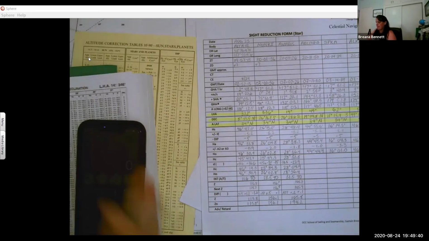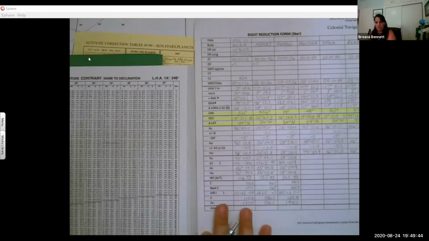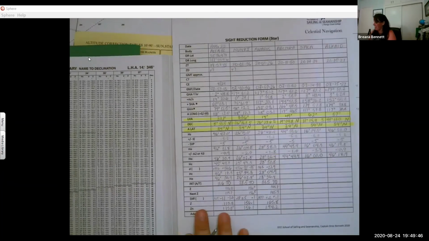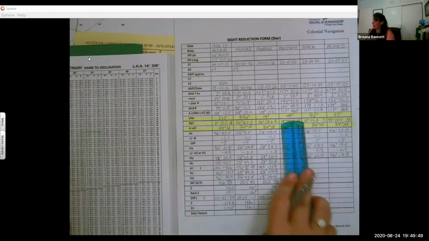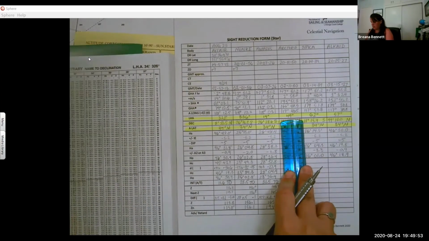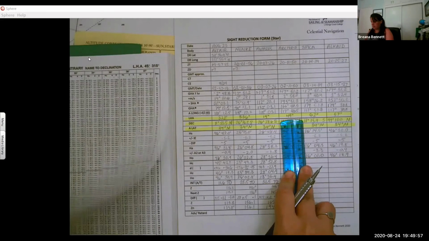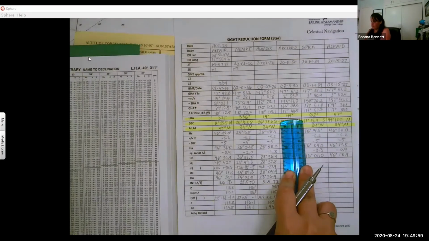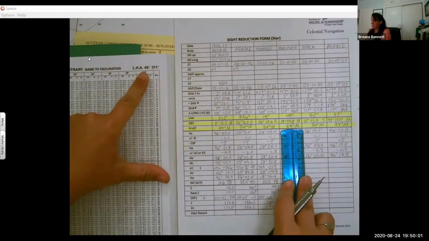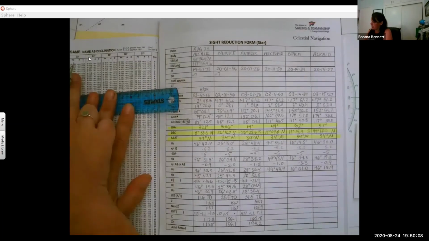Okay. Halfway there. Three down. LHA 49, and we are same. So we are on same declination.